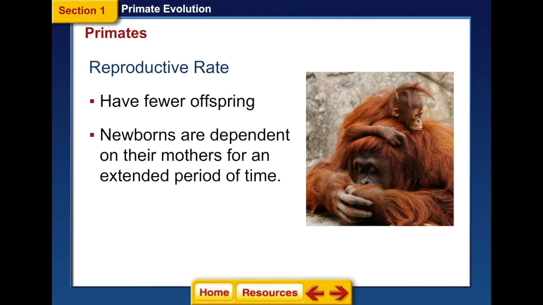And newborns are dependent on their mothers for an extended period of time. A puppy can be weaned or separated from its mother, and doesn't have to be nursed anymore, after about 7 or 8 weeks. In the case of primates, like orangutans or chimpanzees, it takes about 4 or 5 years to become fully independent from its mother.